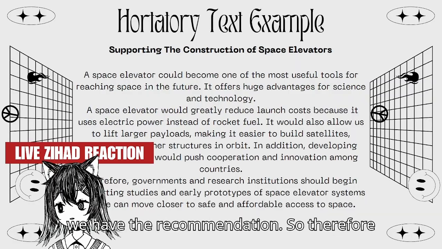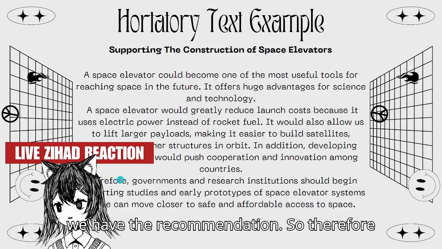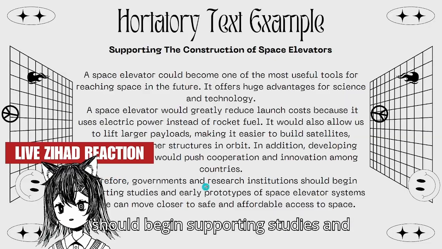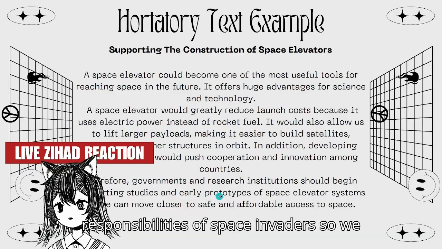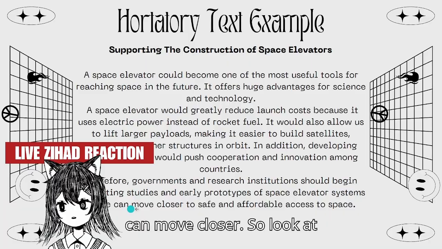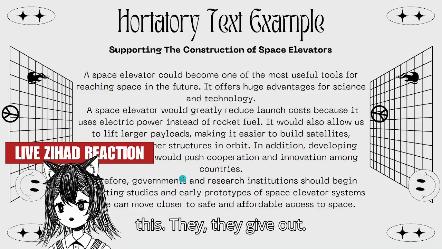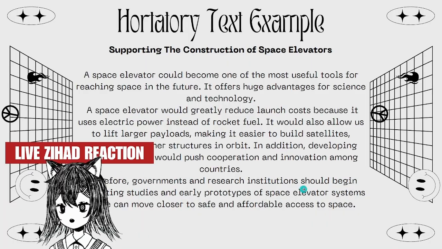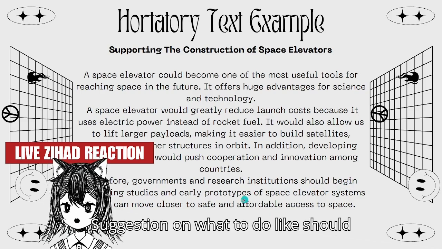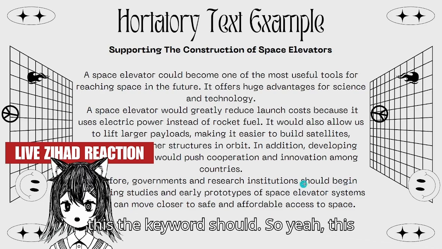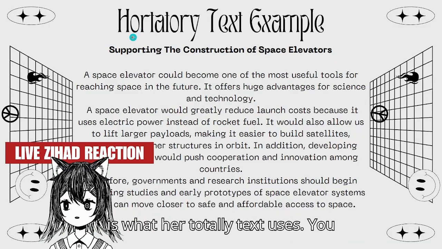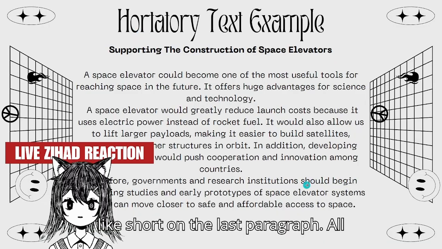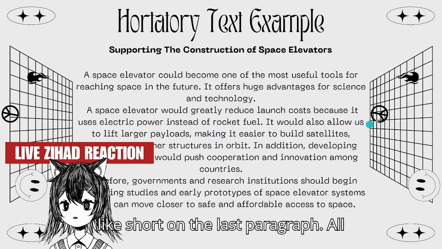And third, we have the recommendation: therefore, the government and research institutions should begin supporting studies and explore types of space elevators so we can move closer. Look at this, they give a suggestion on what to do, with the keyword should. This is what hortatory text uses: words like should in the last paragraph.